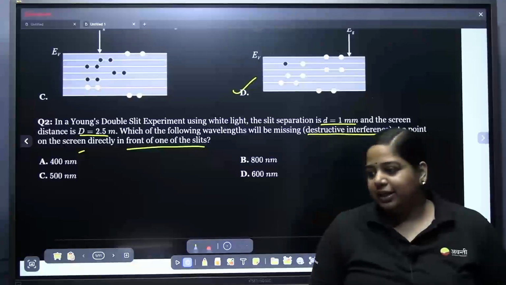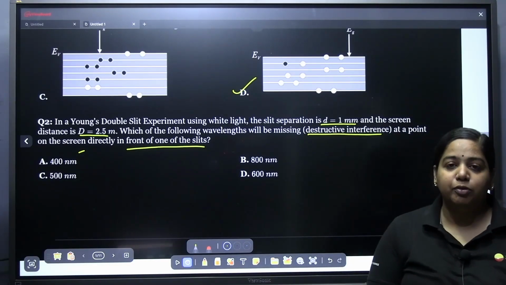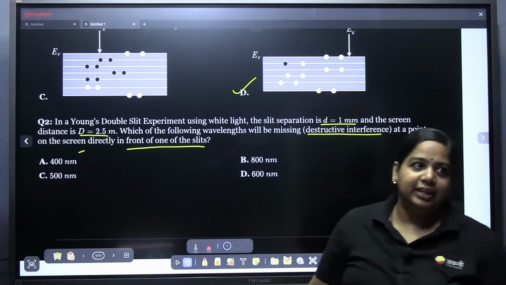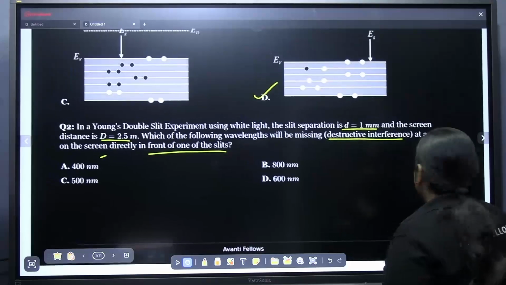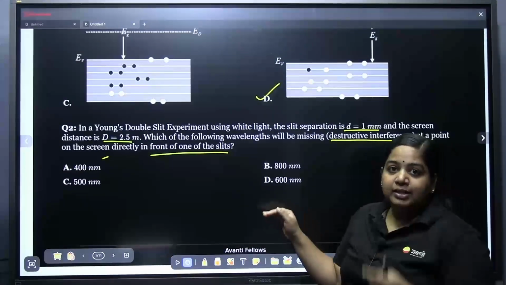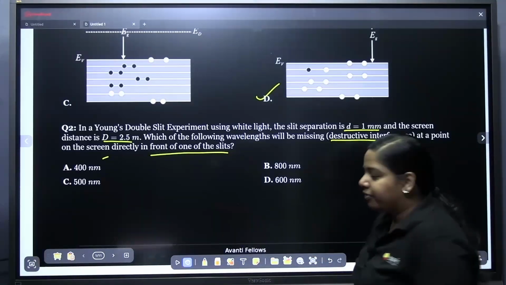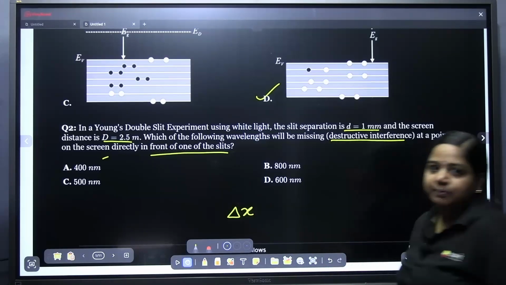Sorry that you guys had KCT and were not able to attend our previous class. In the wave optics class we actually did a similar question. You don't have to go into the direct equation, we have to be at the starting of the derivation, from the path difference. Path difference is delta x.